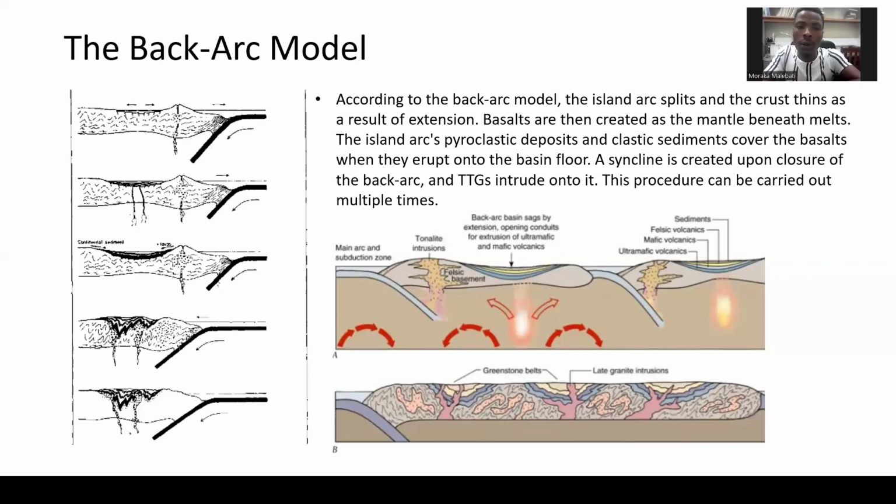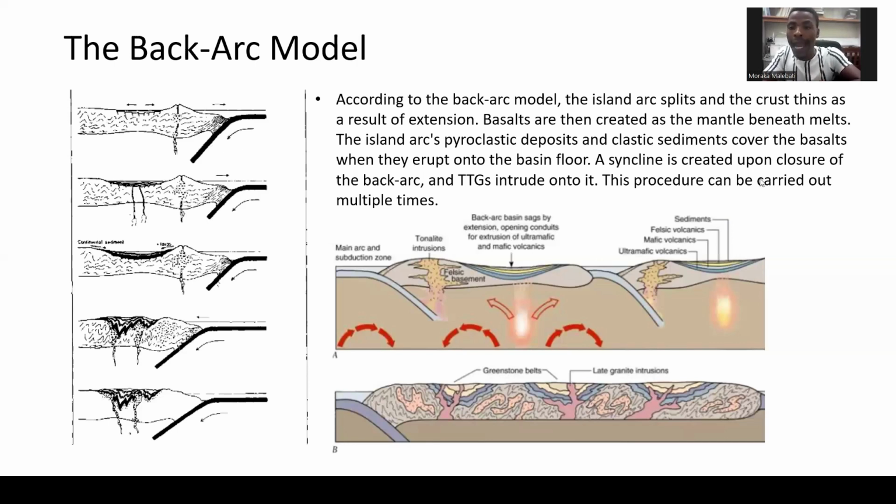Now, because of weathering and erosion, these island arcs will be eroded, and these materials would fill the basin.